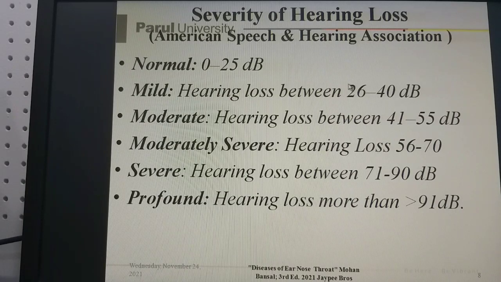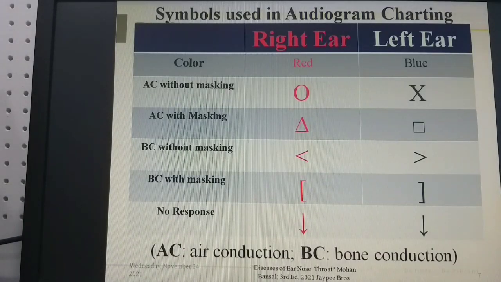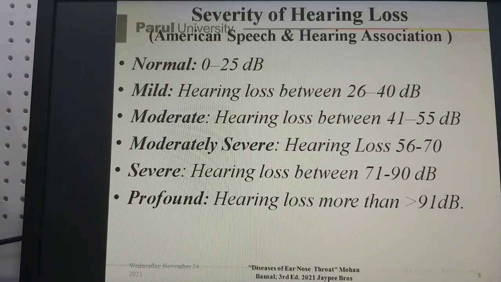I was telling you that we should know the severity of the hearing loss, so that you should remember. This hearing loss classification we are seeing on the computer screen is the American Speech and Hearing Association classification. If the loss is from 0 to 25 dB, that is considered normal.